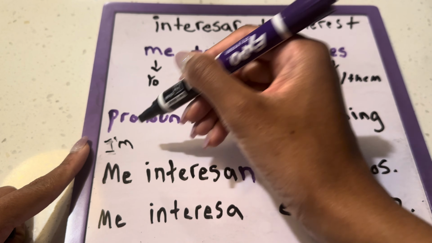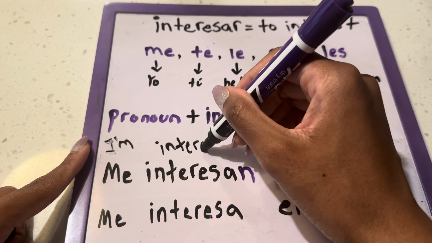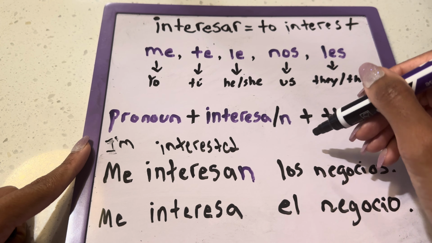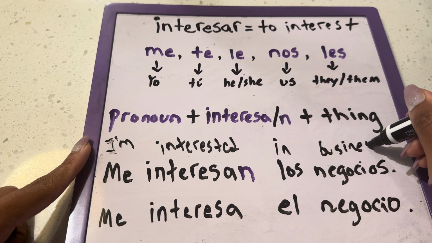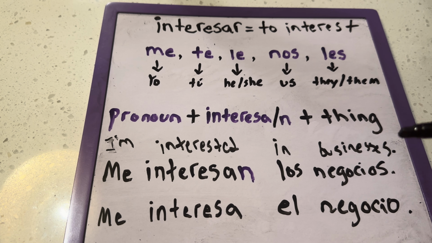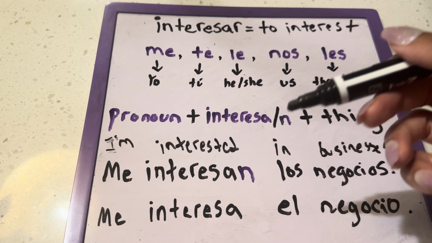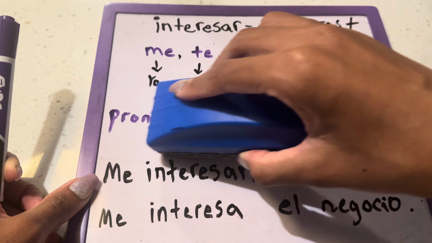I'm interested in businesses. Now, this is how it roughly translates to English, but the way Spanish speakers do it, it's more like businesses interest me. So just so you know, they have a different setup and a format for it.